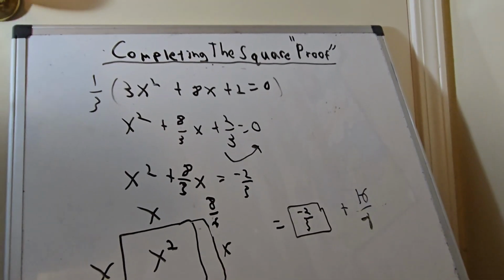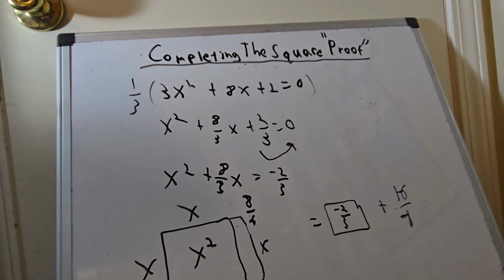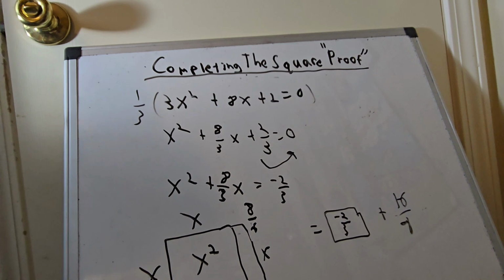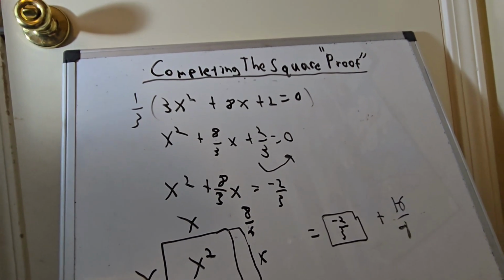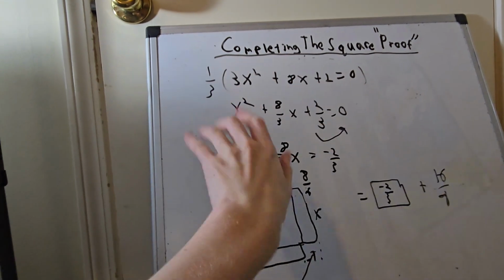In my opinion, it's more elegant than the quadratic equation. Yes, it probably takes longer, but it's more elegant and you don't need a calculator. And I don't know, I just like it more. But that's my opinion, you don't have to like it.